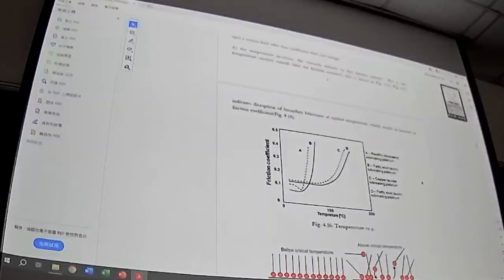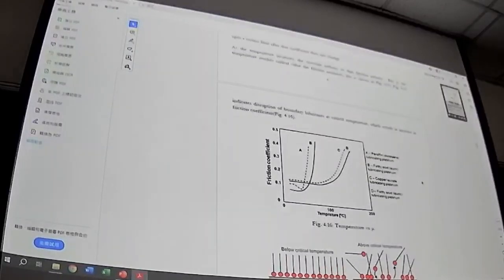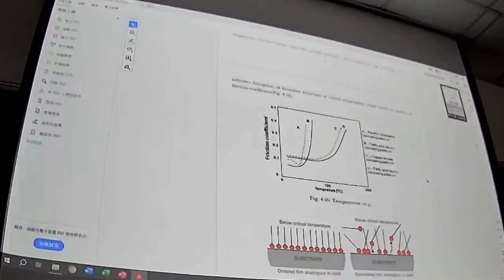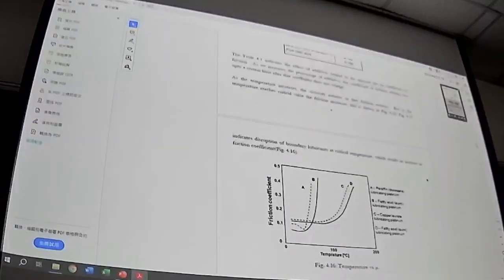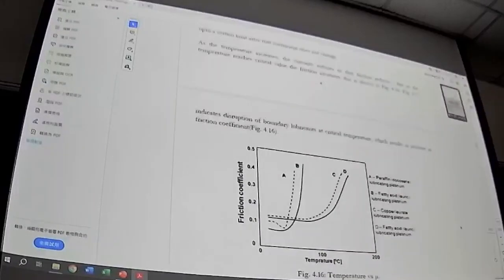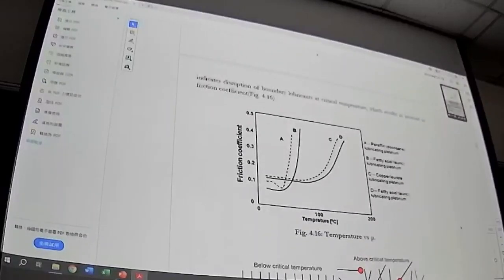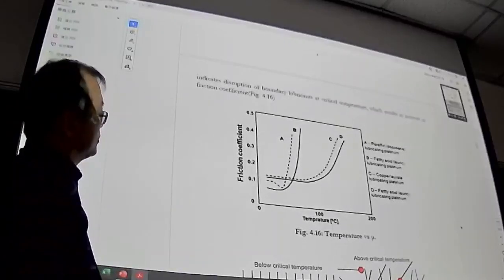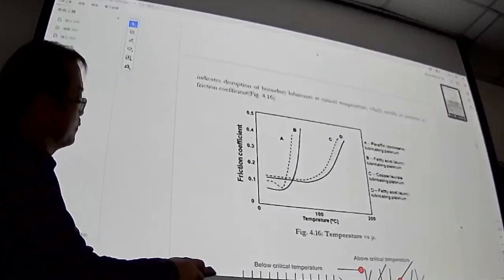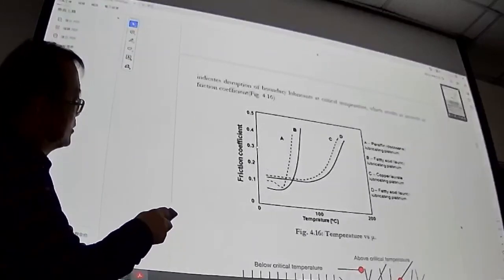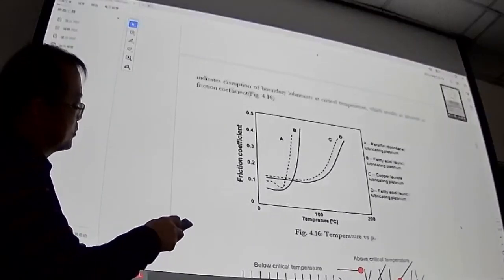So here we have some figures, 4.16 and 4.70. It's the temperature versus the coefficient of friction. So if you increase the temperature, the coefficient of friction will be increased.